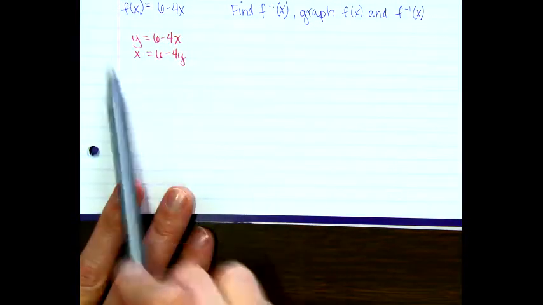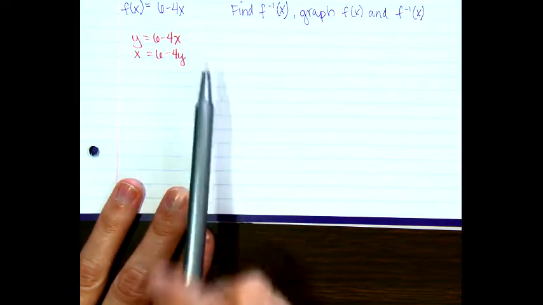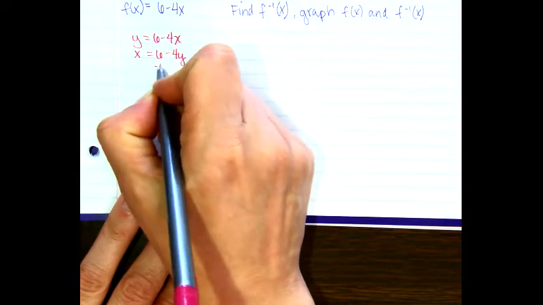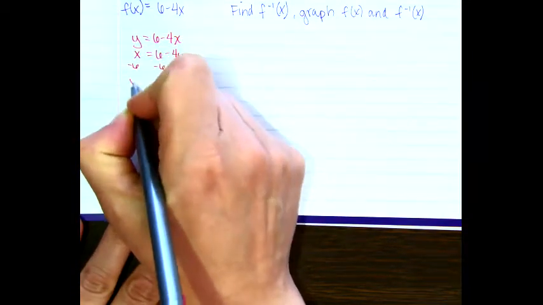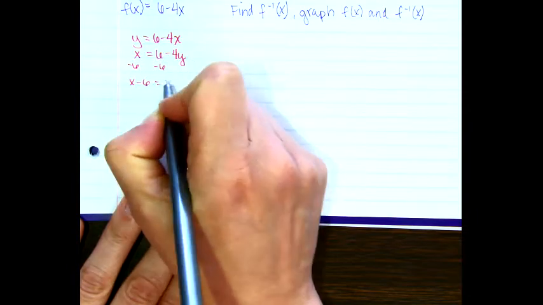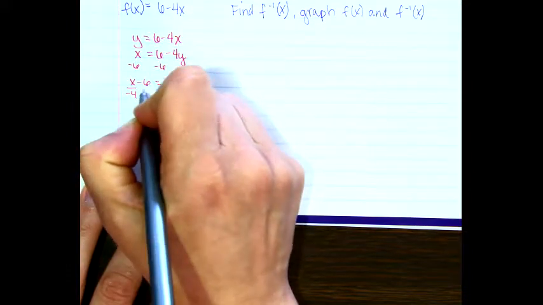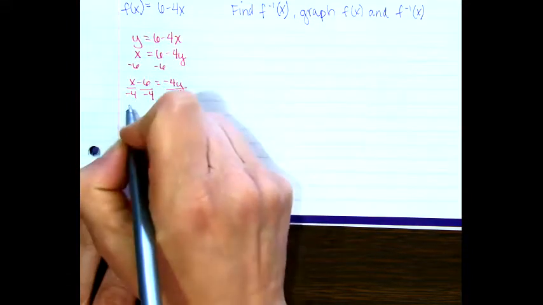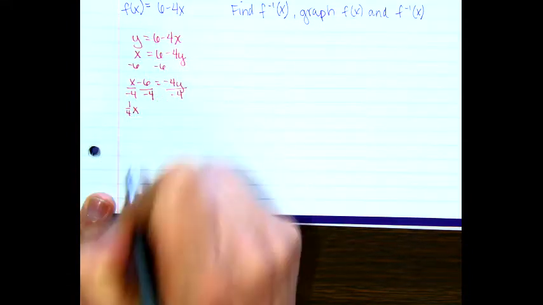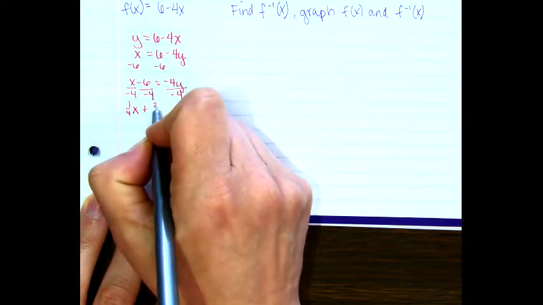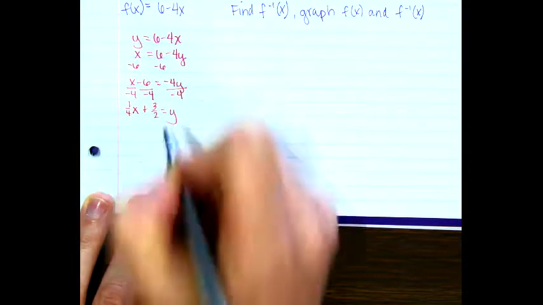And then what I want to do is solve this for y. So I will subtract 6 from each side, so x minus 6 equals negative 4y. And then I divide everything by negative 4. So I could write that as negative 1/4 x plus 3/2 equals y.